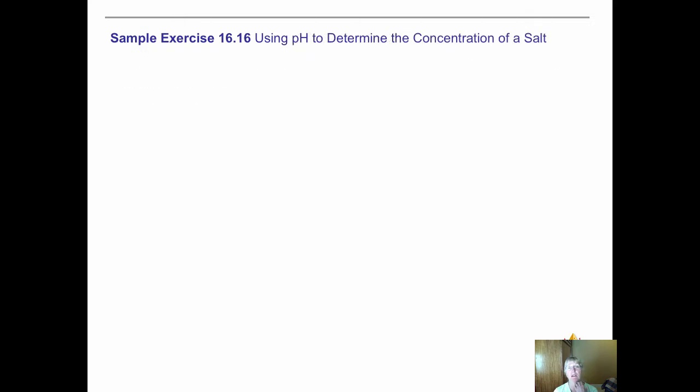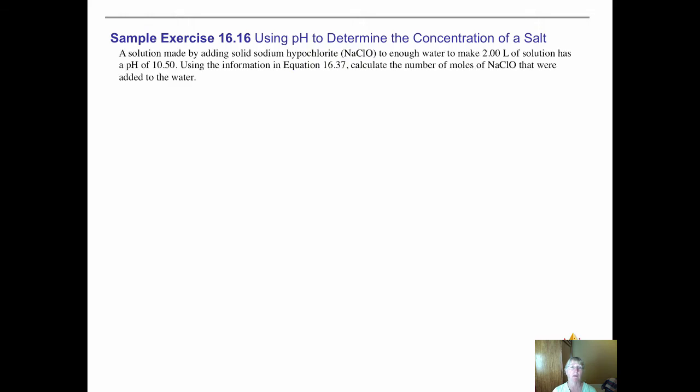Now this one's a little bit different, and we'll talk about salts later on in the chapter. But if one is given the pH, you can actually calculate the concentration of a salt. So here's the salt, and that's a little ahead of the game, but if you put sodium hypochlorite into water, then you're going to see the pH change.